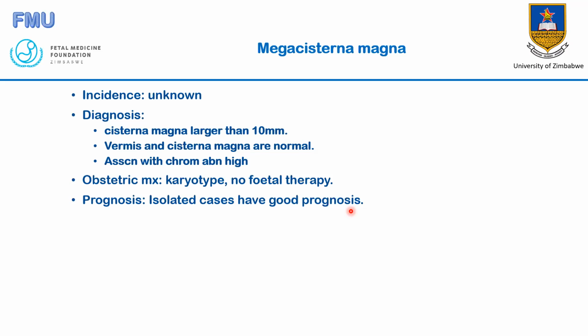We say there is megacisterna magna if the cisterna magna measures more than 10 millimeters, and the vermis and the cerebellum are normal. Association with chromosome abnormality is high. So whenever we see it, we need to offer the parents karyotype. In isolated cases, and where we have ruled out chromosome abnormalities, the outcome is good.